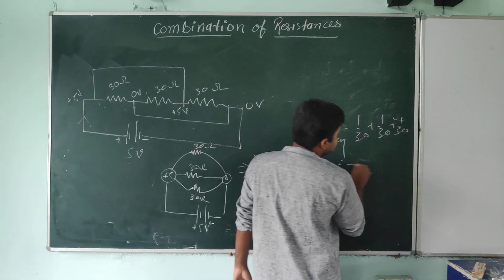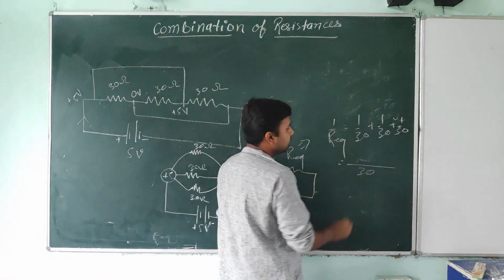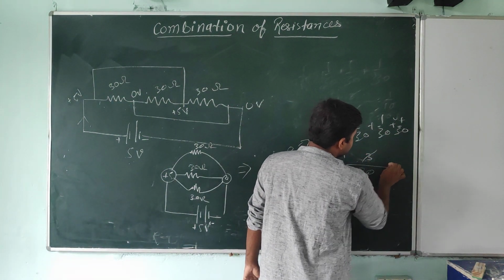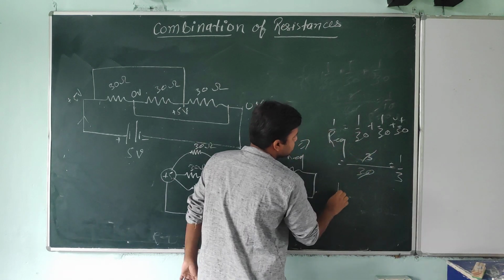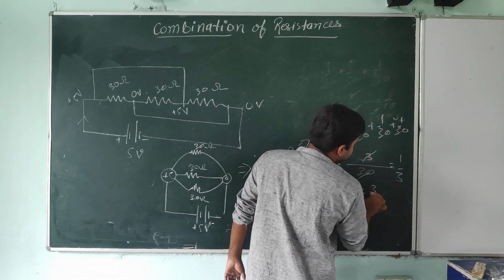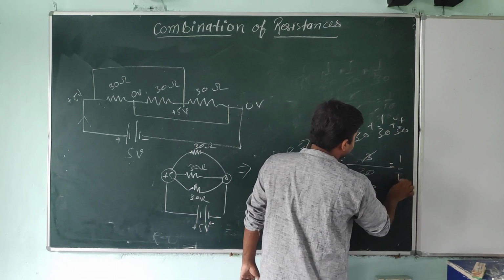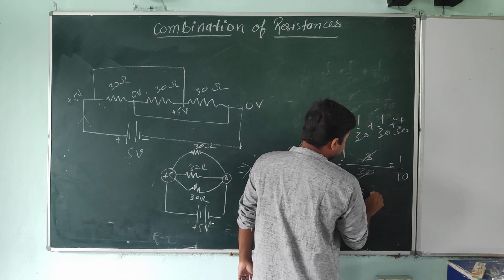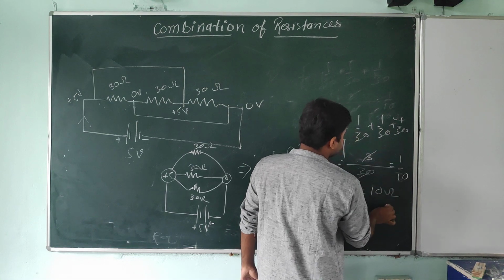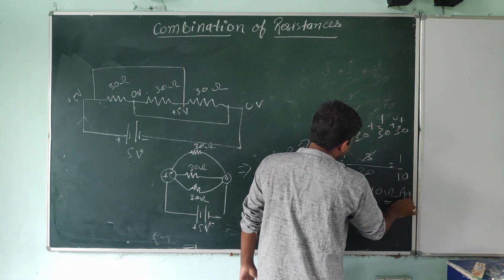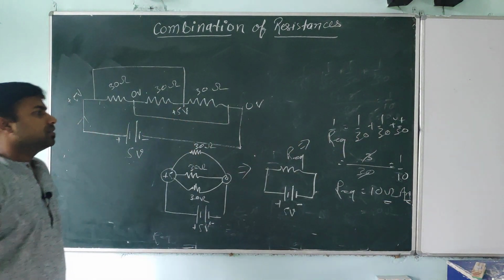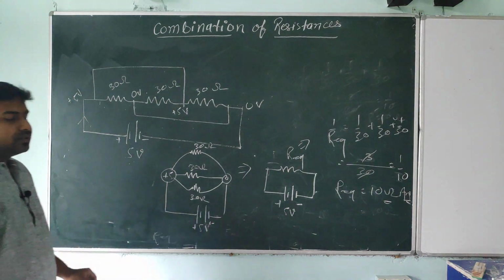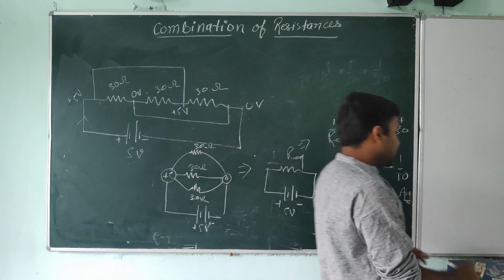The LCM is 30, so you will get 3 by 30, it will cancel out to 1 by 10, so R equivalent equals 10 ohm. So that is the answer, is it or not, student? Very simple. Okay, solve it.